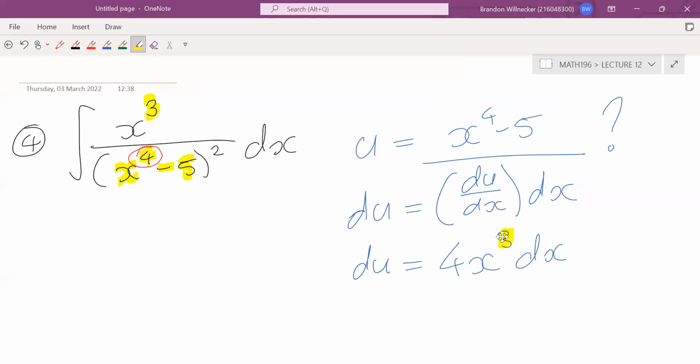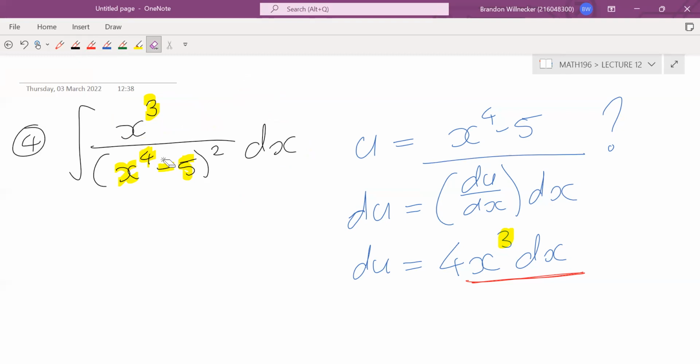So you pick u to be the expression with the higher exponent, because when you differentiate, you get the lower exponent for free. So that's this part over here. That will be your du bit. So that's just a little something to help you remember what should be u and what isn't u.